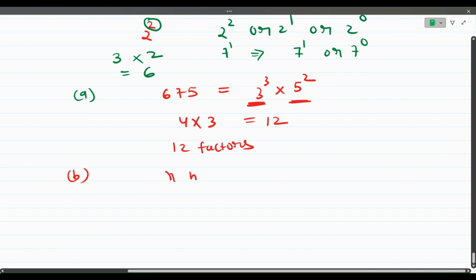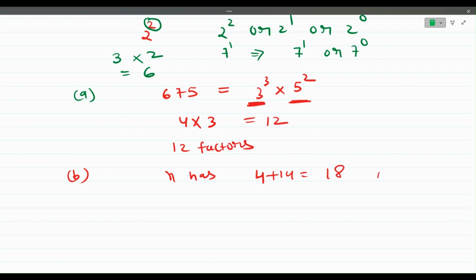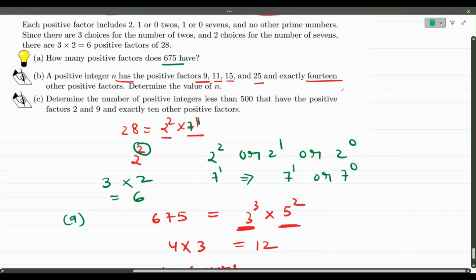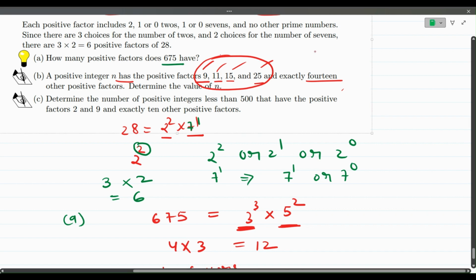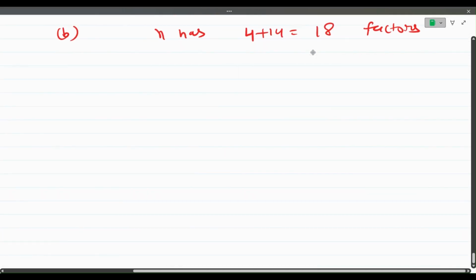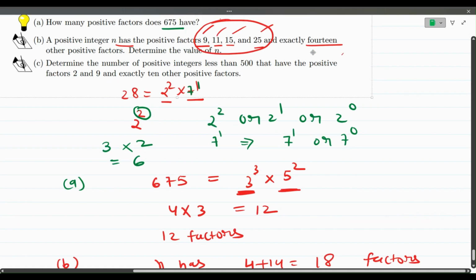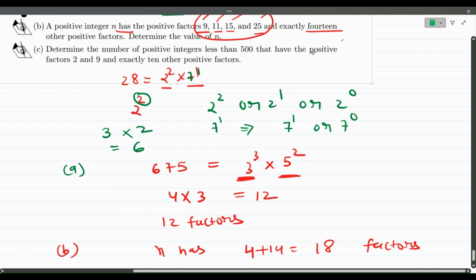So n has 4 plus 14, it has 18 factors. Okay, so the number which has all these factors should be exactly divisible by all these numbers. So the smallest number which is exactly divisible by all these four numbers 9, 11, 15, and 25 will be the lowest common multiple, the LCM of these numbers.